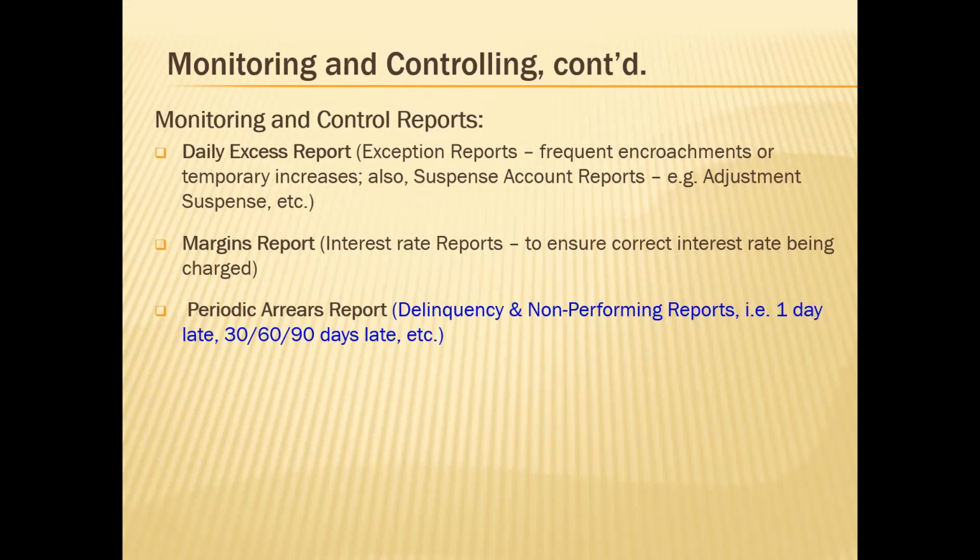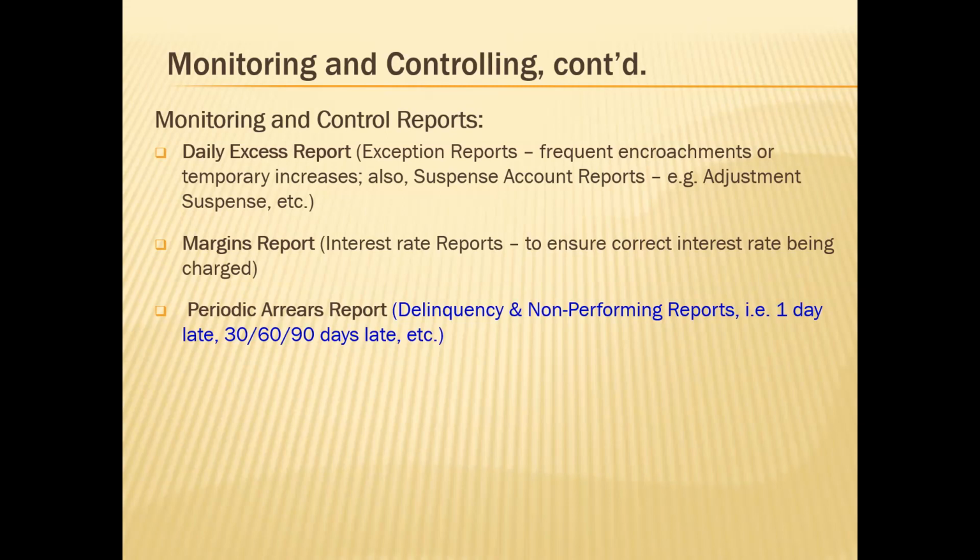So your delinquent accounts will be any account that is from 1 day to 89 days. Actually, you can say all accounts from 1 day and over are delinquent, but to differentiate between the non-performing loans, banks say delinquency is anywhere from 1 to 89 days. Once it goes 90 days, it becomes non-performing.